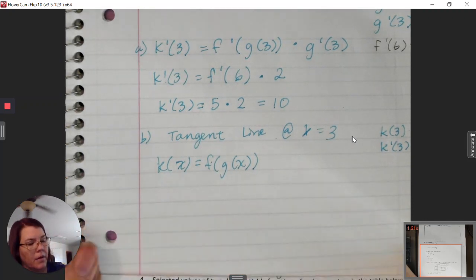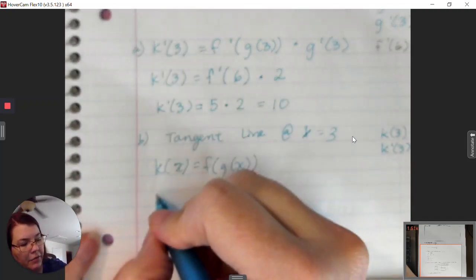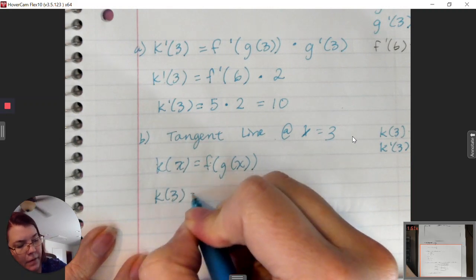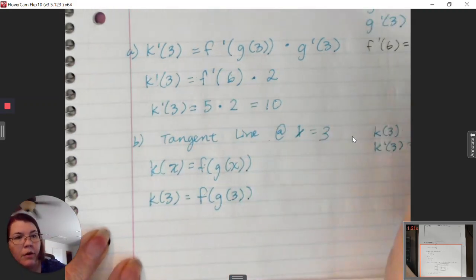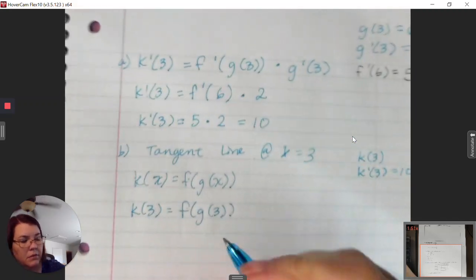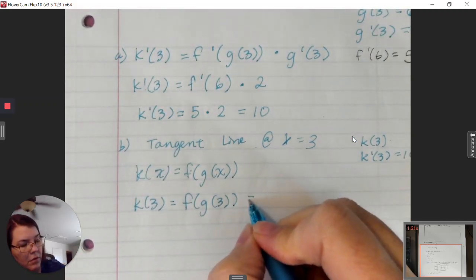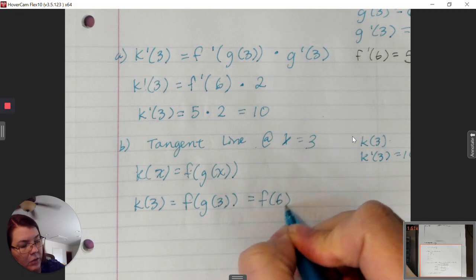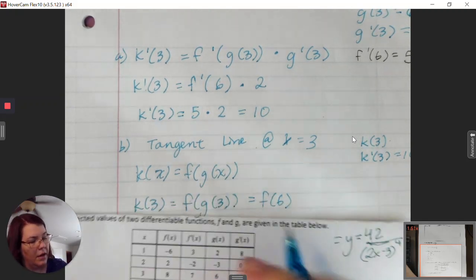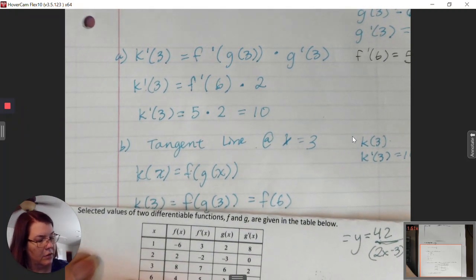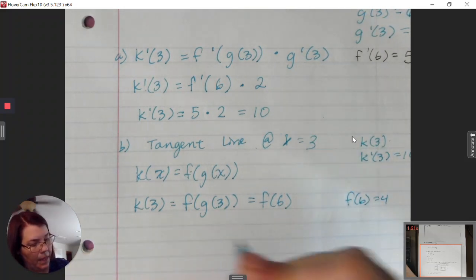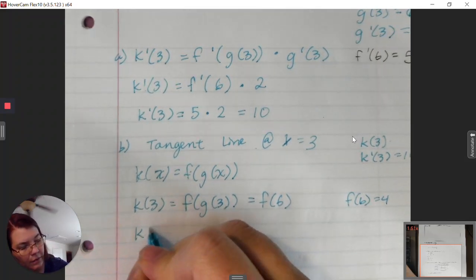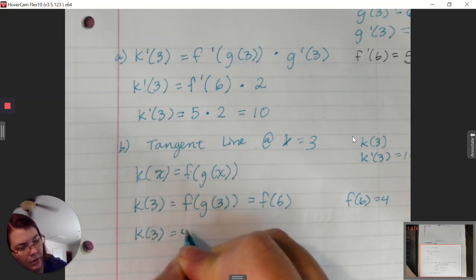I want to find k of 3. It's going to be equal to f of g of 3. I found g of 3 already. It was 6. So f of 6, which I haven't found yet, is 4. And so k of 3 is equal to 4.